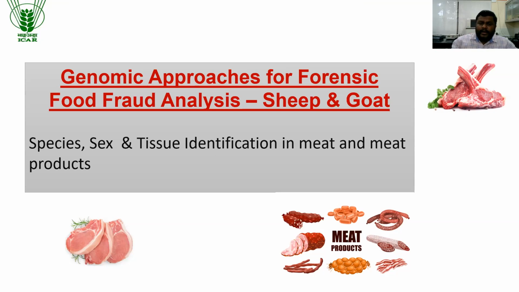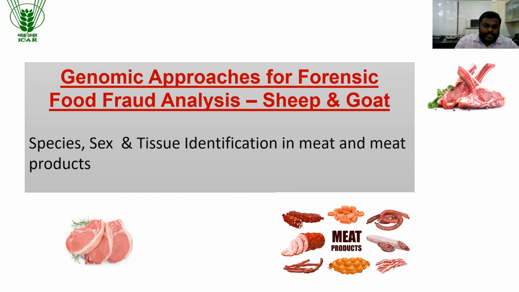So we will be discussing how the forensic component comes into meat authentication and how food fraud issues can be tackled. This is covered under three areas: species identification, sex identification, and tissue identification.